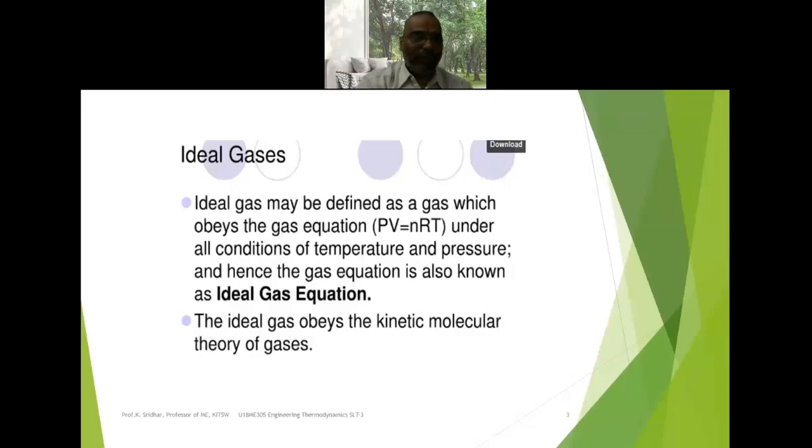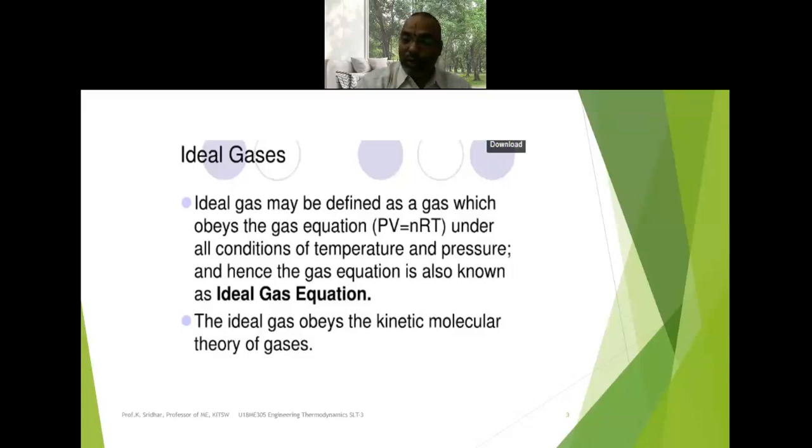That's why an ideal gas is very difficult to obtain in actual practice. In our calculations and in our books, we take atmospheric air as an example of an ideal gas, since it closely behaves like an ideal gas. That is a very important point.